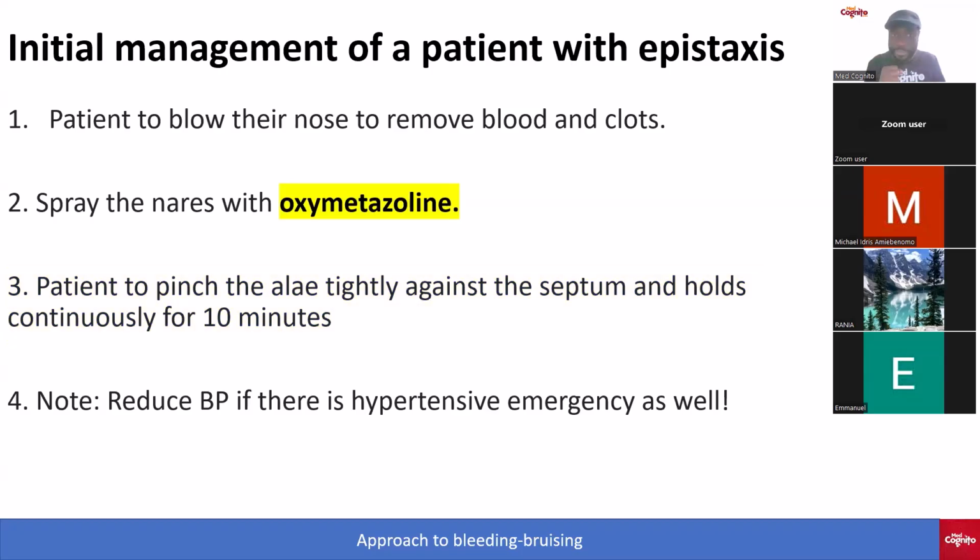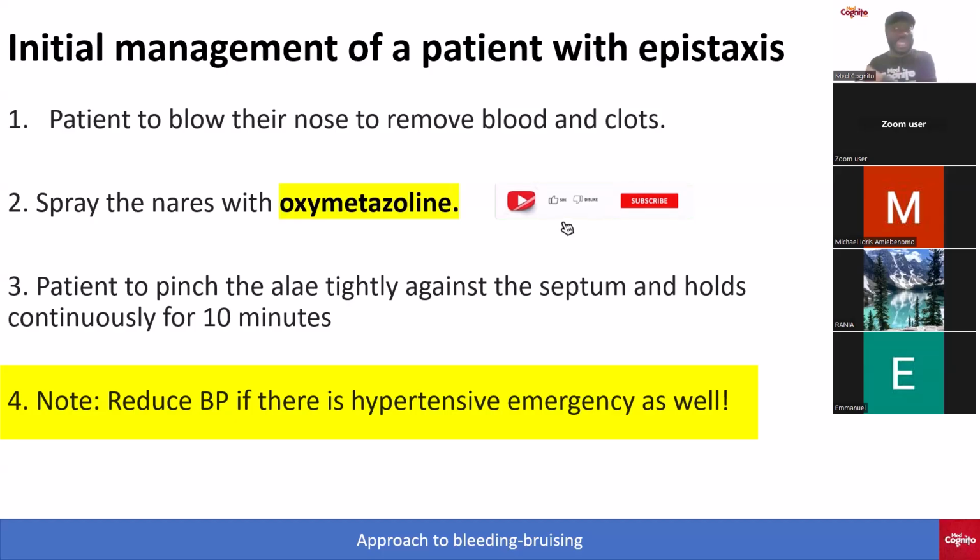and hold it continually for 10 minutes. Now, remember that we did a question on blood pressure control. You only reduce the blood pressure in the patient with epistaxis if the patient is in a hypertensive emergency. That's the only time that you reduce the blood pressure in the patient.